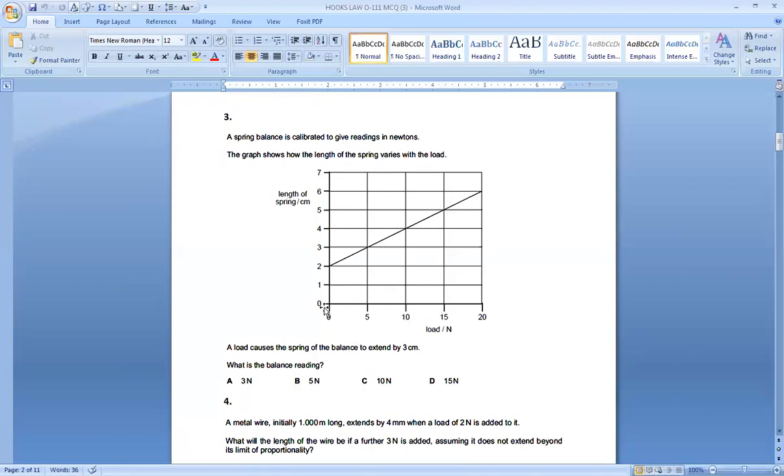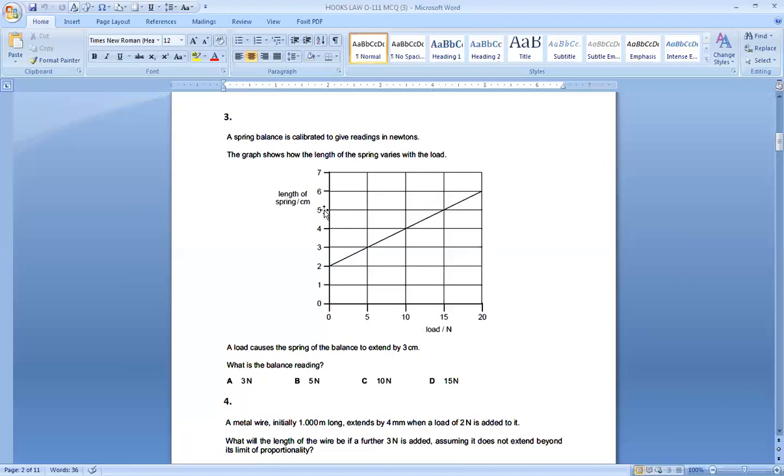After that, he says a load causes the spring of the balance to extend by 3 centimeter. So I have to see the extension of 3 centimeter. From 2 to 5, there is an extension of 3 centimeter. Before, 0 to 2 is the actual length of the spring, that is without any load. But as we put load, for a 3 centimeter extension we have to consider a 5 centimeter length.